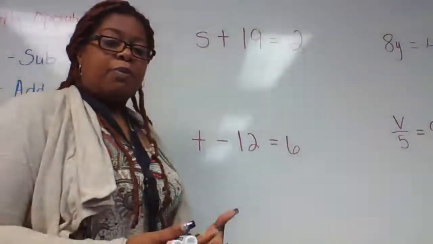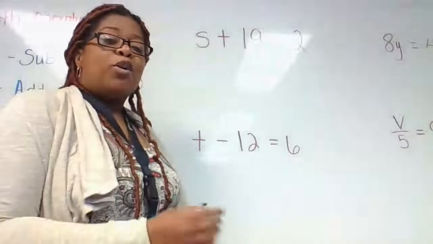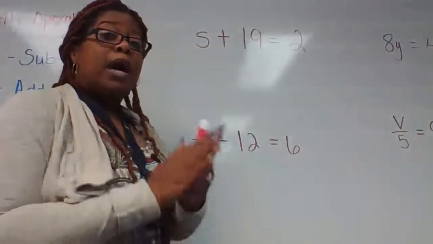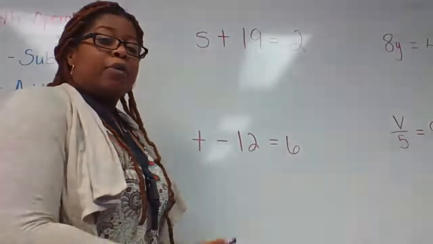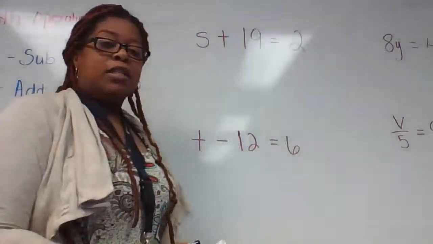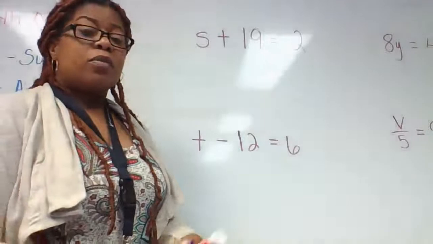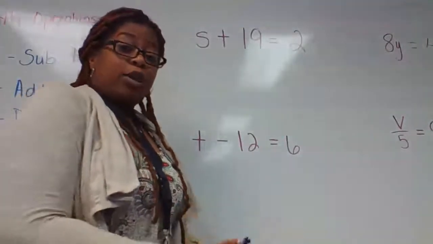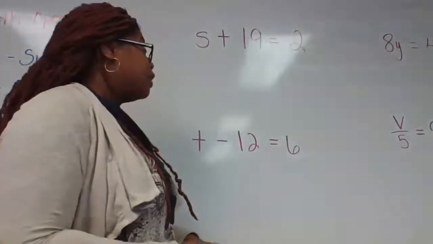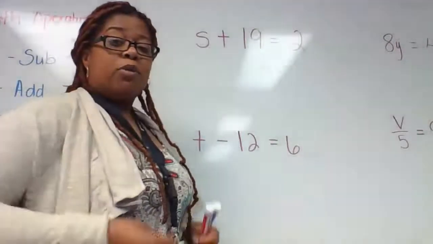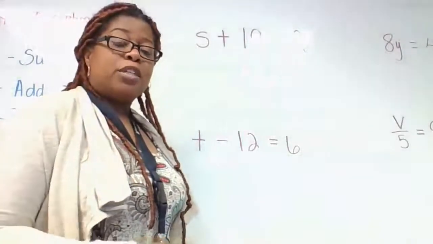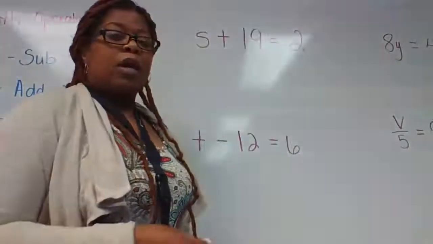Because the original operation is addition, we are going to use the opposite operation to solve. The opposite operation of addition is subtraction. So you can note to yourself that if the original operation is addition, to solve the problem I'm going to use the opposite, which is subtraction.